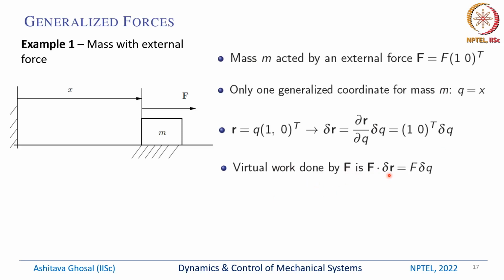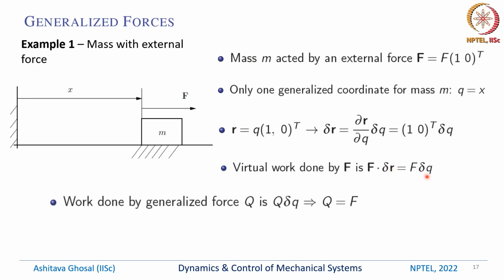F dot delta R, which is F into dq. And this will be equal to Q into dq, right? So Q is nothing but F in this case, which is expected, which is obvious. So for this simple one-dimensional problem of a mass being pushed by a force F, the generalized force is the same as the Cartesian force, or the force along the x direction.